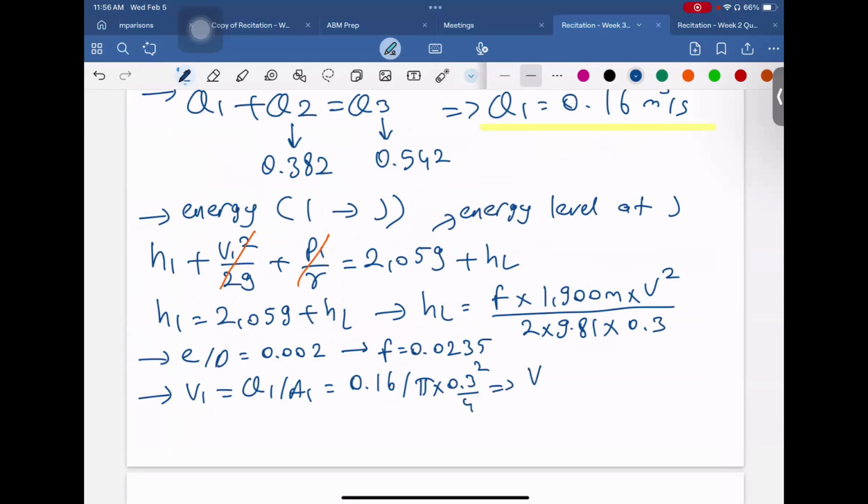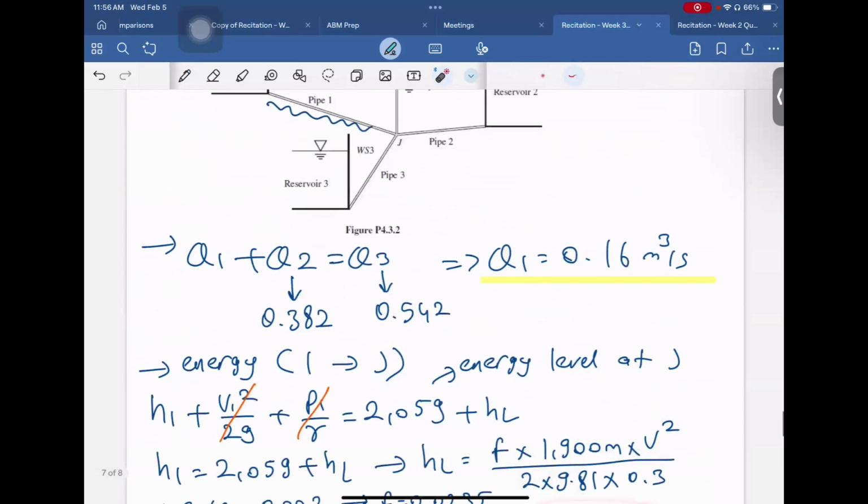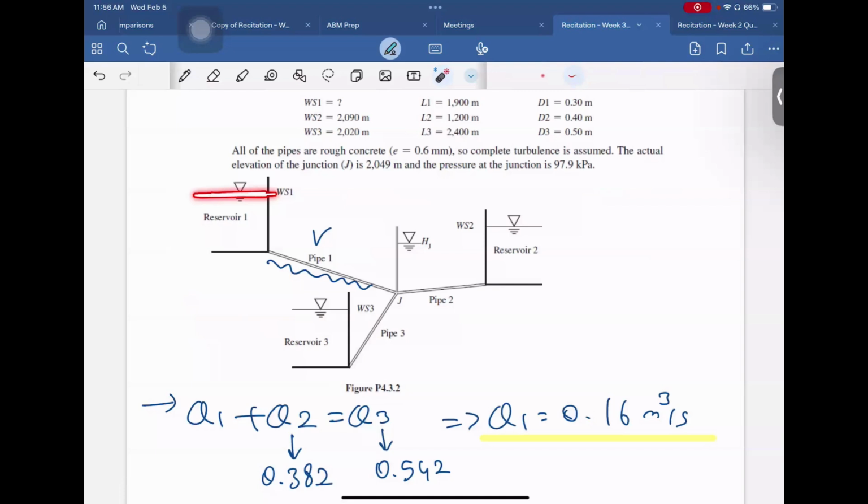And from here, V1 is equal to 2.26 meter per second. And don't mix up this velocity with the velocity at the surface. This is of course 0, but this velocity is for this pipe.